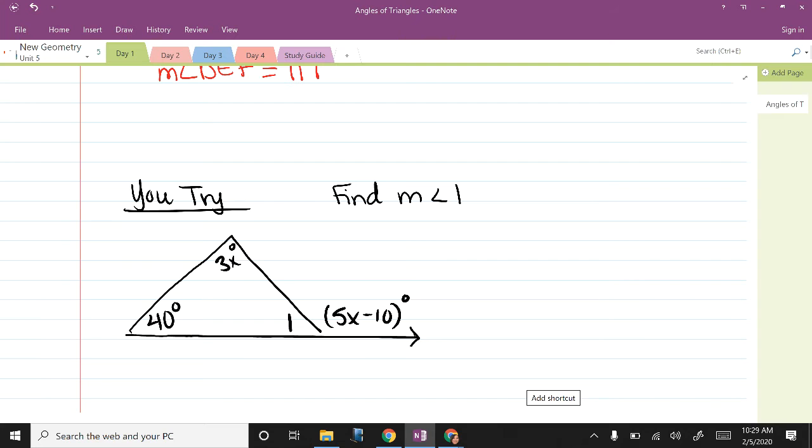Remember, you're finding the measure of angle 1, not just x. Do you understand what both factors have to change?